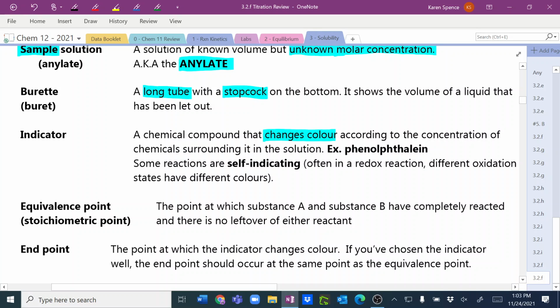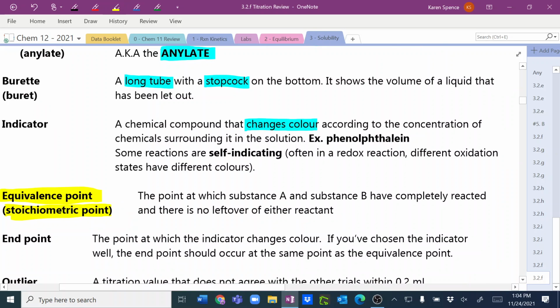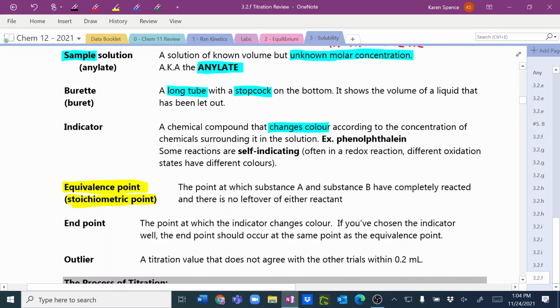The equivalence point, which is also known as the stoichiometric point, is the point at which substance A and substance B have completely reacted. There is no leftover of either reactant.